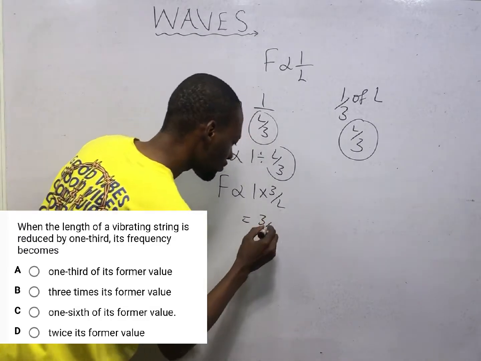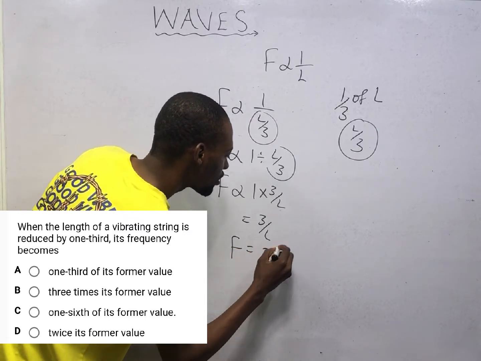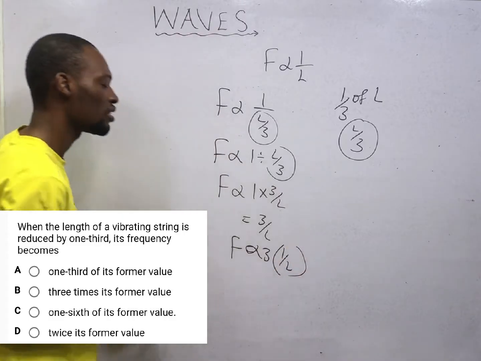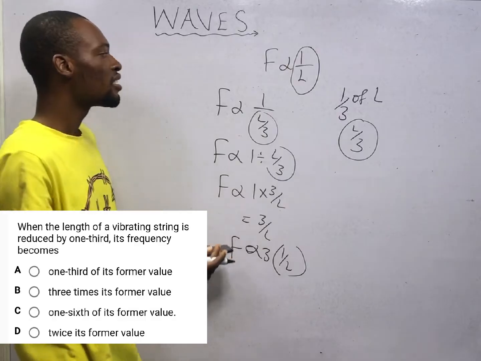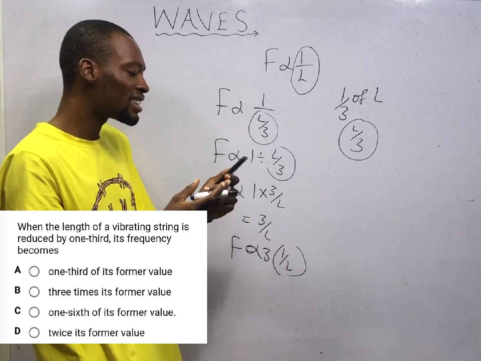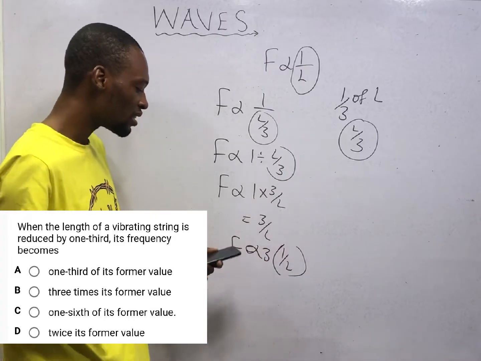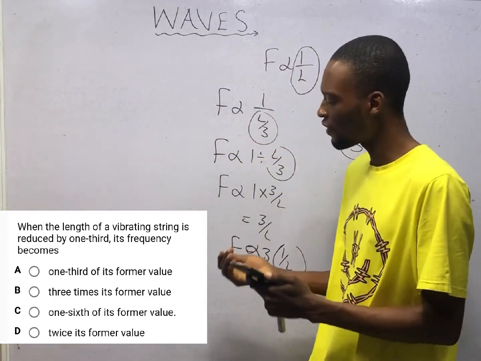Therefore, frequency becomes 3 times 1/L. Originally, it is 1/L. Reducing the length by 1/3, frequency becomes 3 times 1/L. This means frequency is now 3 times its former value.